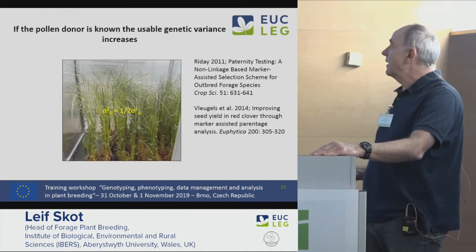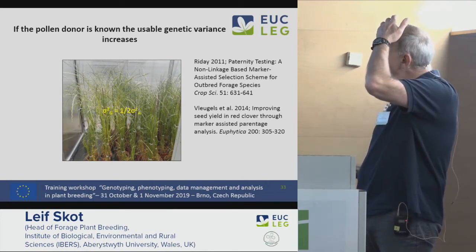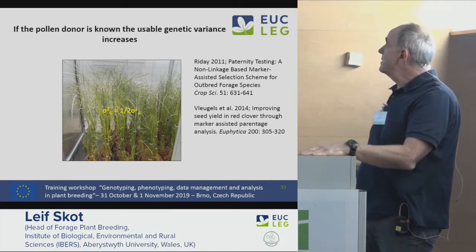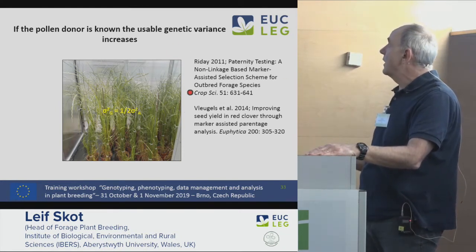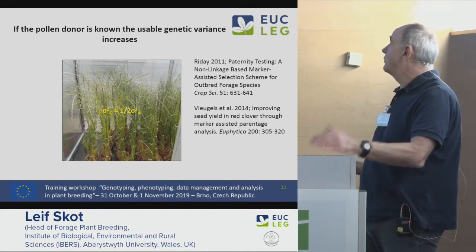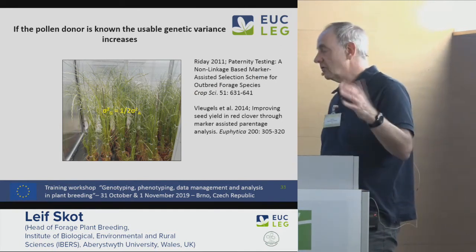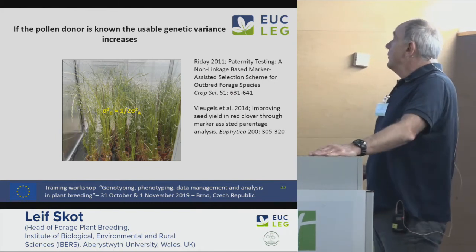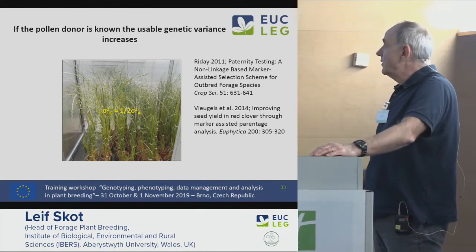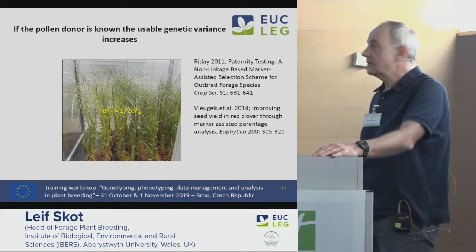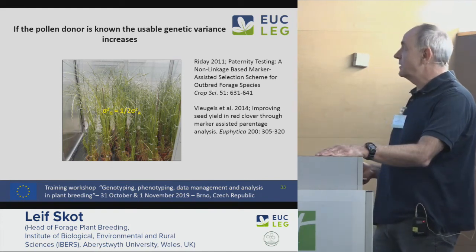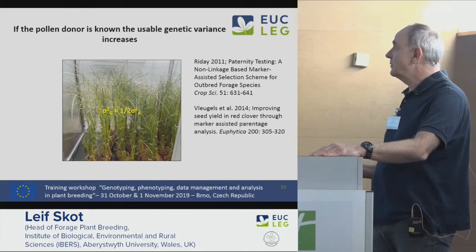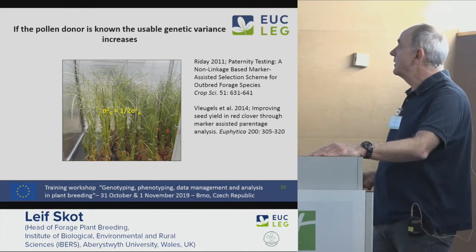That has been addressed by people in different places. There has been work on, what's it called? Paternity testing. That was the word I was looking for. For outbreeding crops, it's quite useful if you can identify the pollen donors that contributed genetic material to your mother plants.